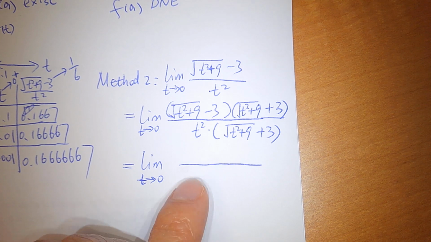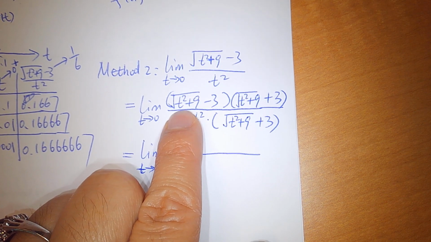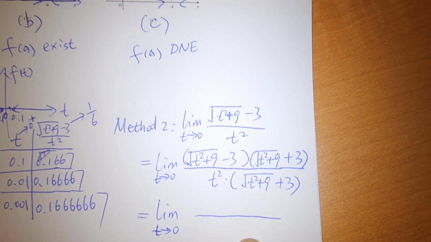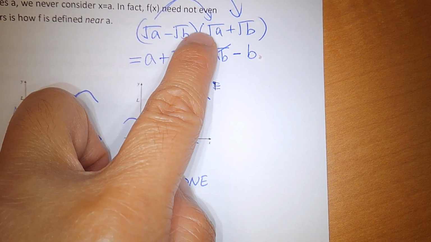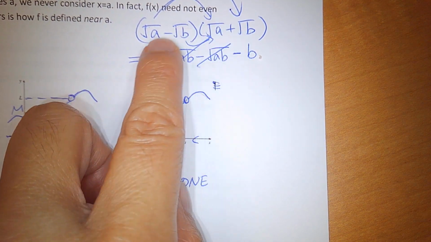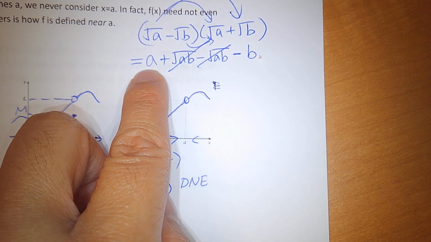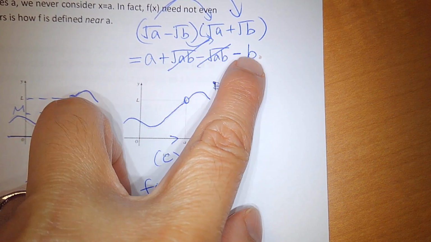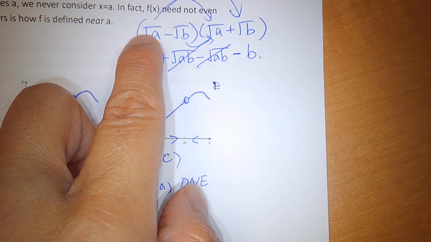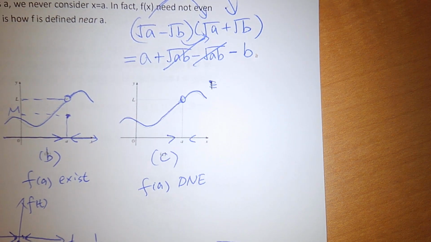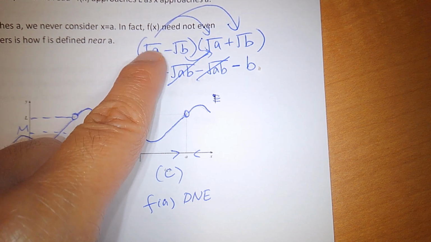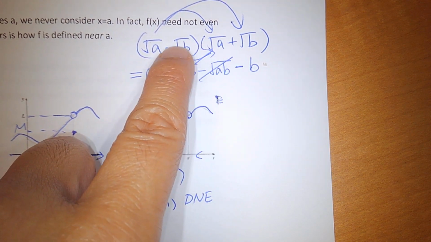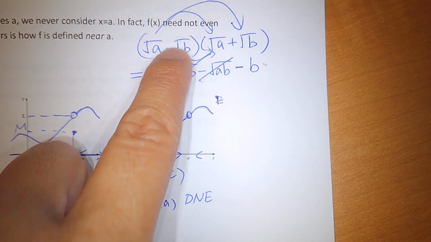Let's see what we will have on the top, guys. Square root of a minus square root of b times square root of a plus square root of b. Well, the result is what? A minus b, right? No radical expressions. Or we say a is the square of square root of a, b is the square of the square root of b, right?